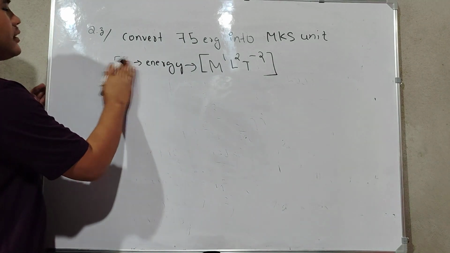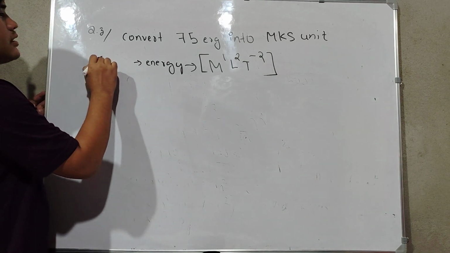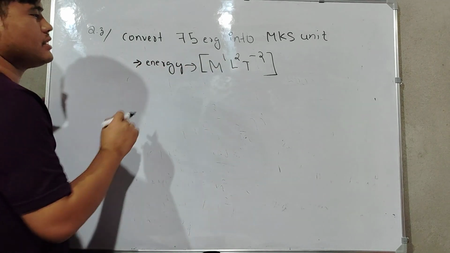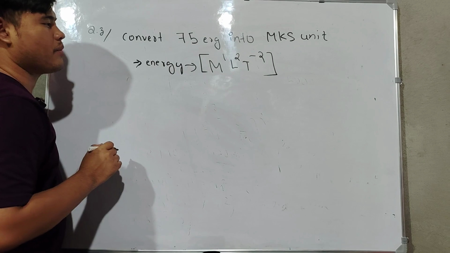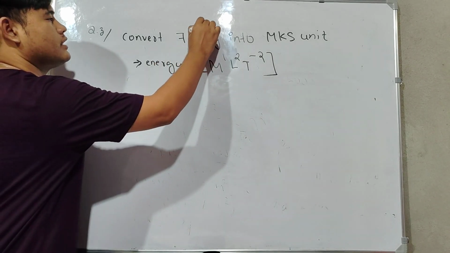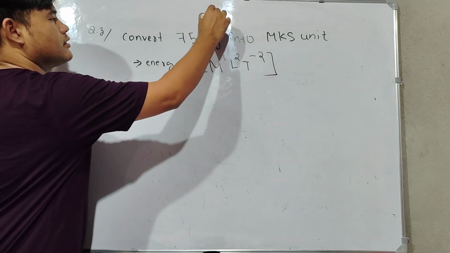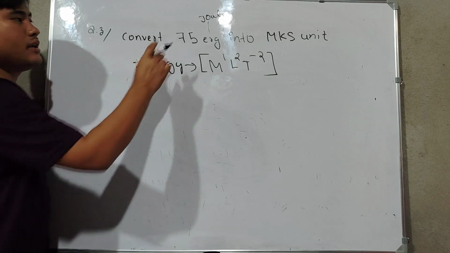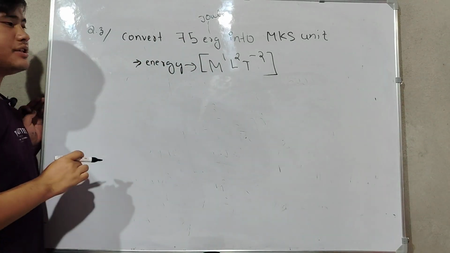Work done means what? Energy only, right? Yes, erg means energy, and the energy dimension is M^1 L^2 T^-2. Joule is the unit in MKS, and erg is the unit in CGS.